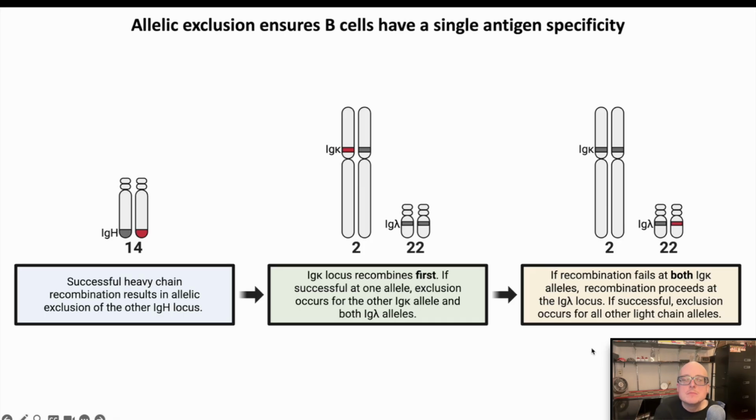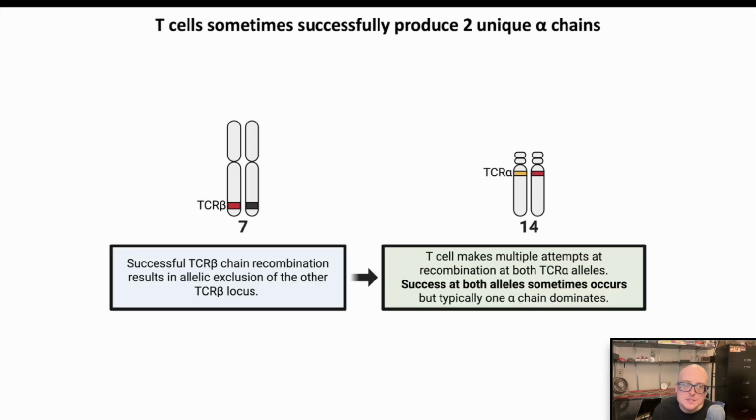Okay, so T cells follow similar rules to this, although there is one big exception, as we'll see in just a second. But just like whereas in B cells the immunoglobulin heavy chain recombines first, in T cells the TCR beta chain begins to recombine first, and it's a very similar logic.